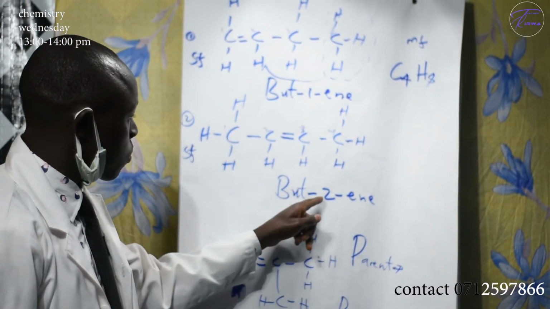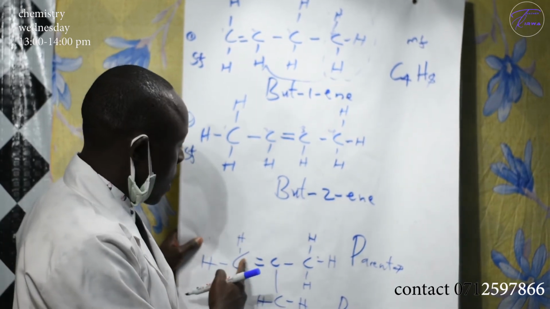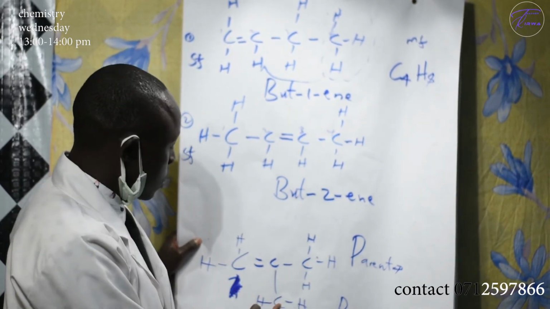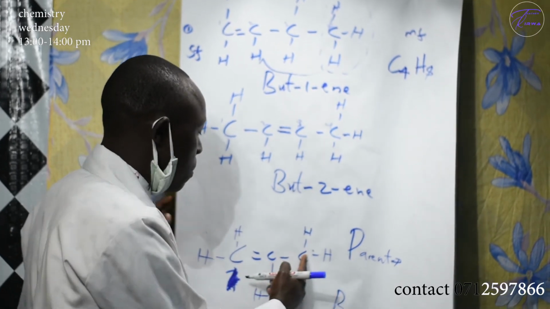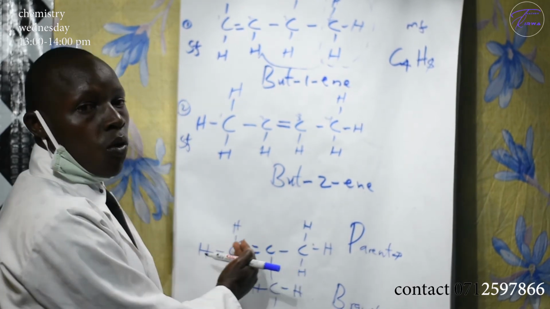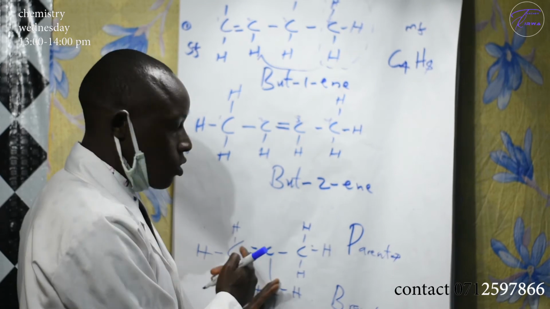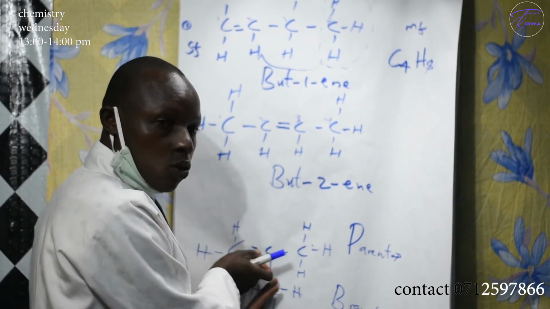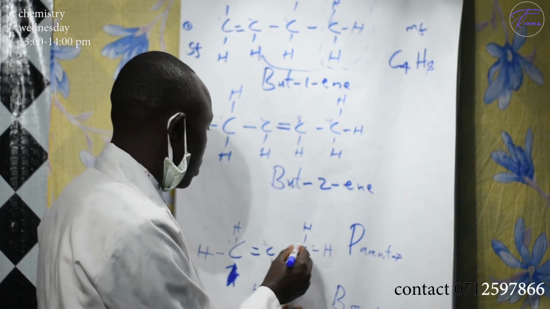Okay? So this one, the longest continuous chain here is 1, 2, 3. You cannot take 1, 2, 3 here, because if you take that, the double bond is off the chain. Are we together? The double bond is off the chain. So you take the chain where it contains the double bond. So we'll have 1, 2, 3.